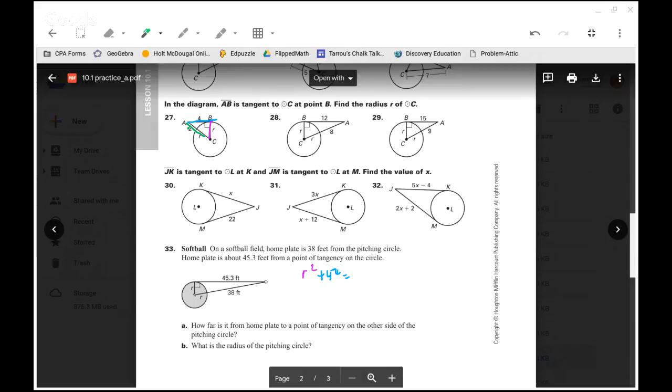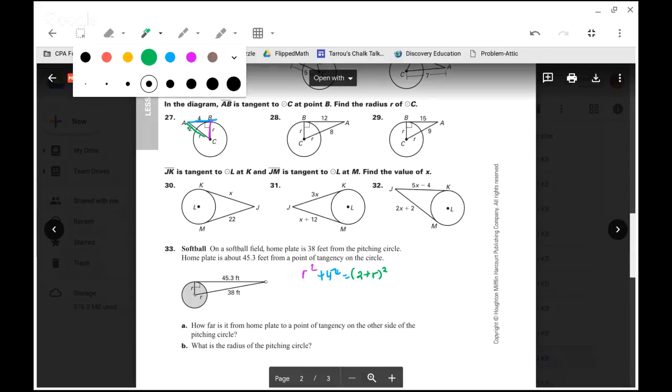So the length of that part is 2 plus R, okay? So it's not 2R, that's what gets everybody tripped up. It's 2 plus R. So that equals 2 plus R squared, okay? Because A squared plus B squared equals C squared.